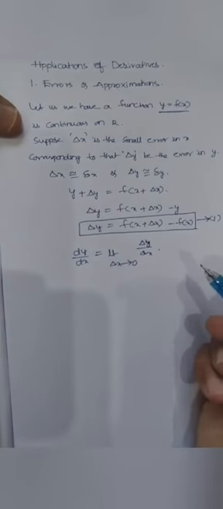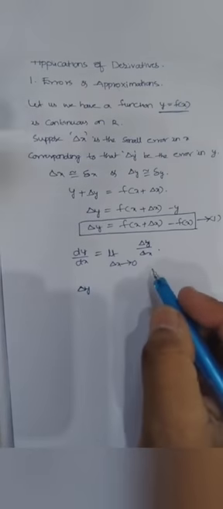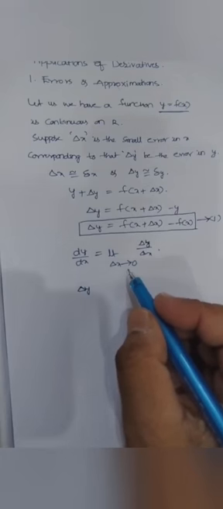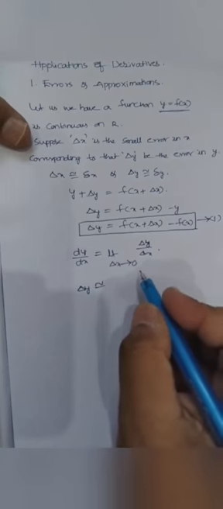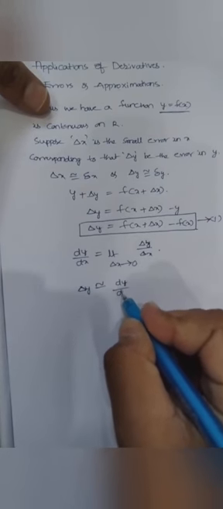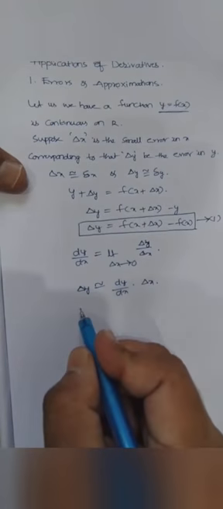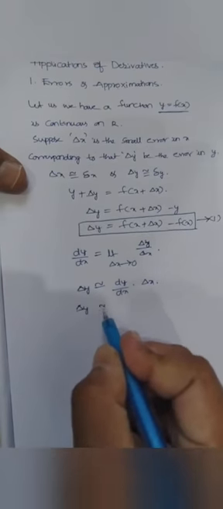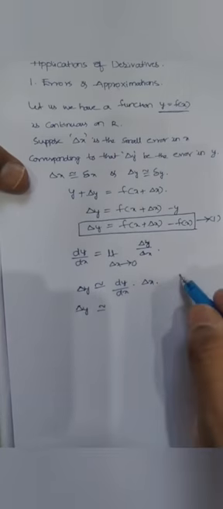Now I am using the same concept to find delta y here. I am not taking the exact limit, so it is an approximate value, not the exact equivalent. It is dy by dx into delta x. So delta y is approximately equal to dy by dx into delta x.